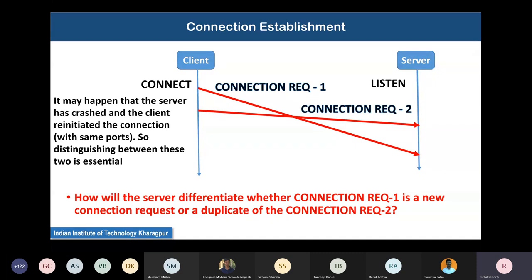Now, the logic is the server will not accept connection request 1 because it says that with the same identifier, what is the identifier? I don't know. Maybe a number. Some connection request has already been accepted on my side with a unique identification number. So there cannot be another connection request with the same identification number.